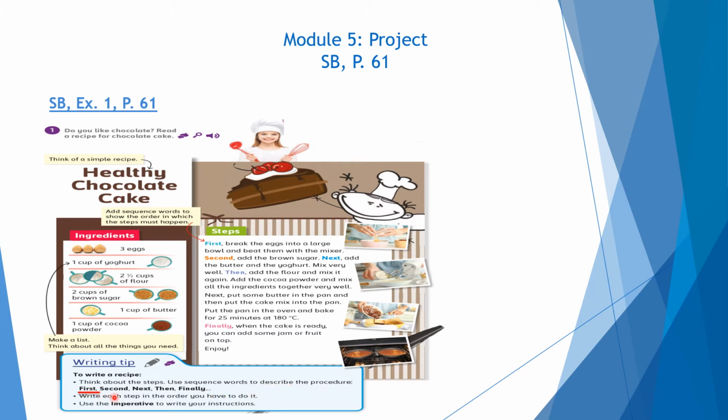First, second, next, then, finally. Now here we have first, second, next, then, and finally. Write each step in the order you have to do it. Then use the imperative to write your instructions. For example, break the eggs into a large bowl.